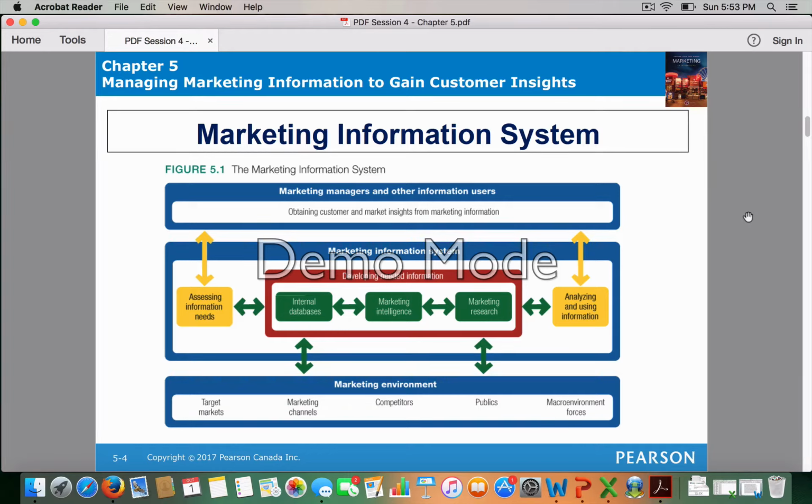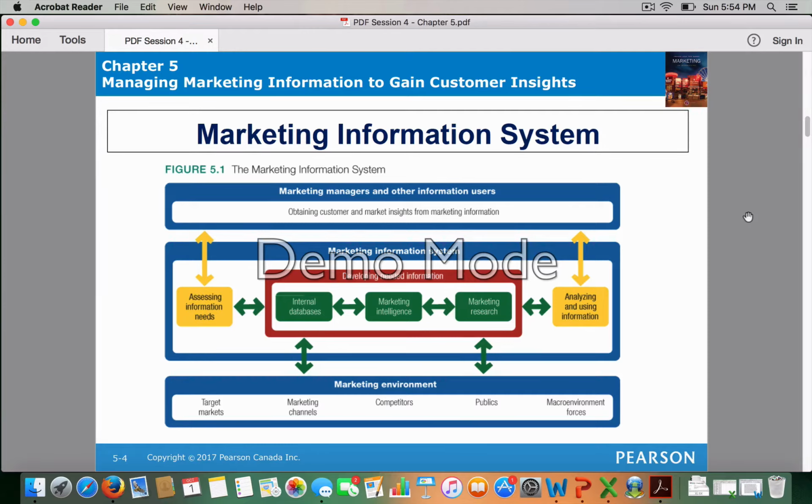If you don't use information to make good decisions, then why are you gathering the information in the first place? Some of the various groups that you may want to collect information about include your target markets, your customers, either your existing customers or your potential customers, the marketing channels that you are using. That could be your downstream channels like your wholesalers and retailers, or your upstream channels including your suppliers and other front-end partners.